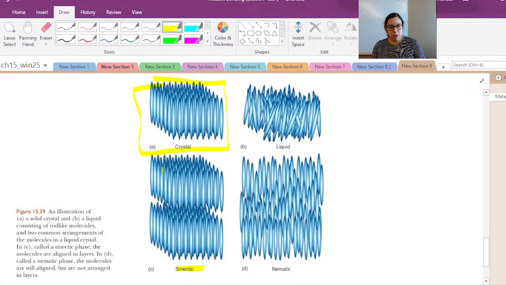Smectic is when they're arranged in these orderly layers. And again, it would depend on the material we're talking about, so we can somewhat relate it to graphene in a second. And then we also have nematic, where they're aligned, but there are no defined layers. So again, these are just examples of how things can exist and crystallize.